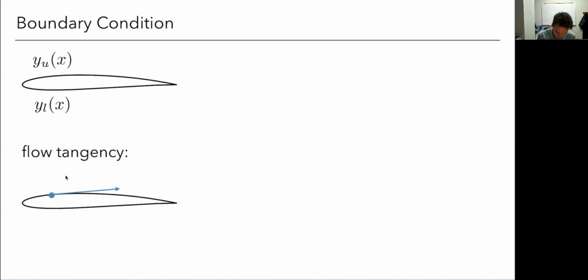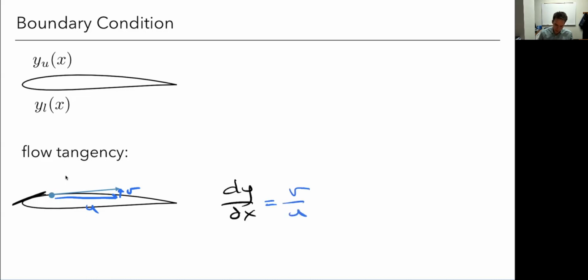To do this, I guess we could say it this way. This slope is dy/dx. That's the slope of my airfoil. I need that to equal the slope of my velocity vector, and that has components. If I write this in terms of two components, u and v, that slope is v over u.